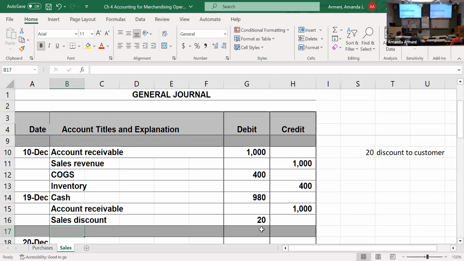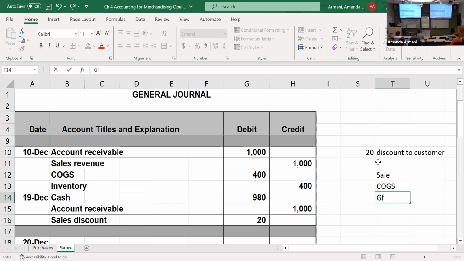So let's jump back to the question about gross profit. Gross profit is when we take our sale and we subtract our cost of goods sold. So when we are calculating gross profit for this transaction, what we have to take into consideration is that we did have a sale amount of $1,000, but we also had a discount of $20.